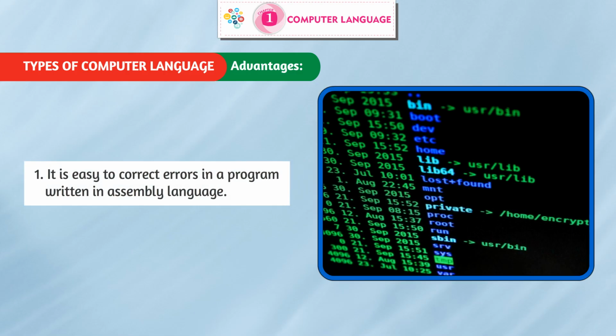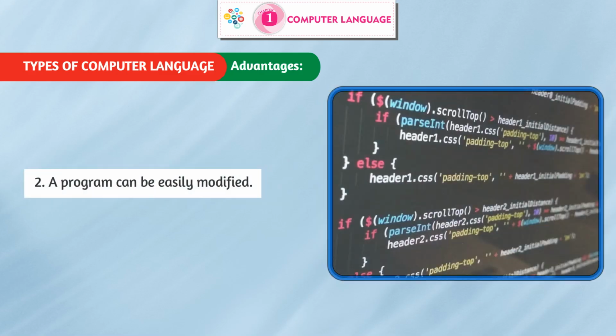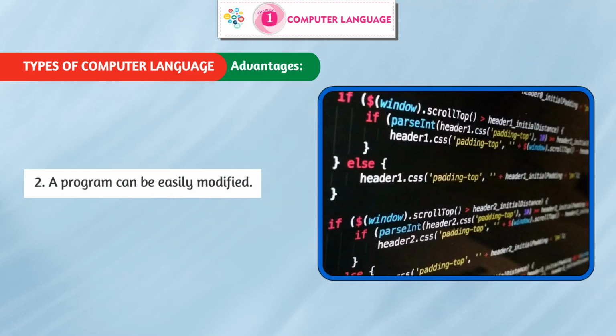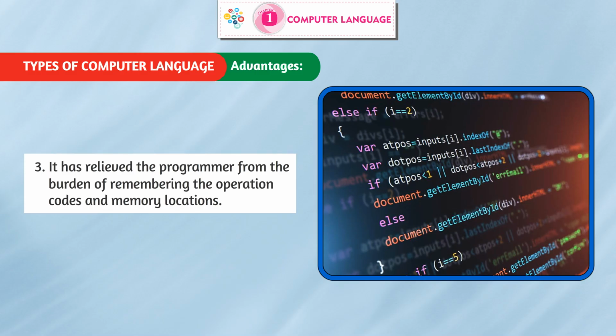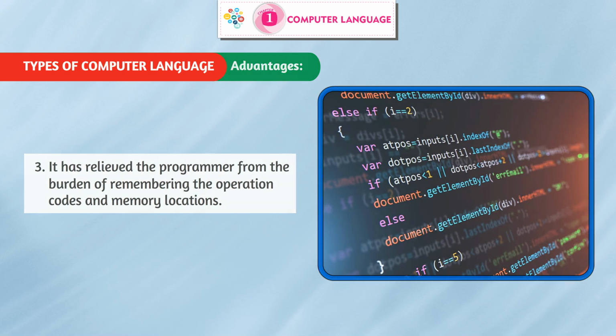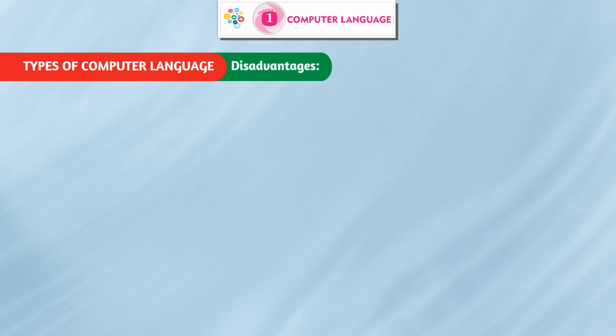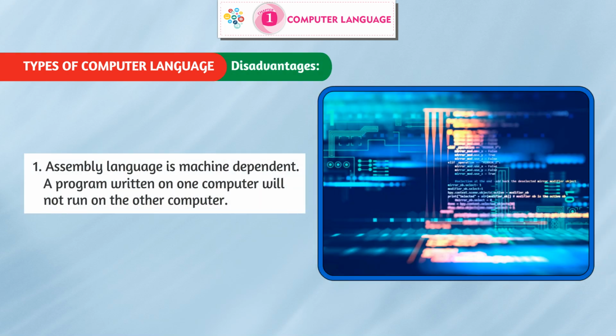Advantages: 1. It is easy to correct errors in a program written in assembly language. 2. A program can be easily modified. 3. It has relieved the programmer from the burden of remembering the operation codes and memory locations. Disadvantages: 1.